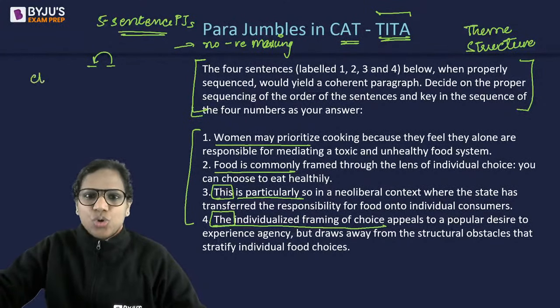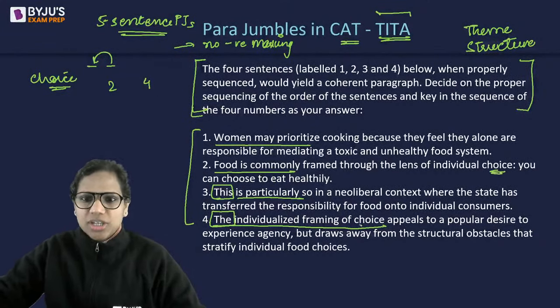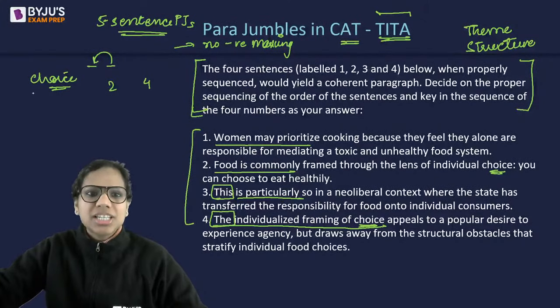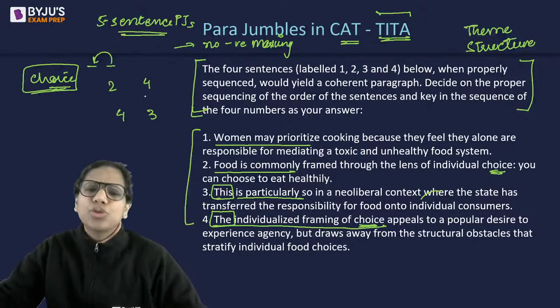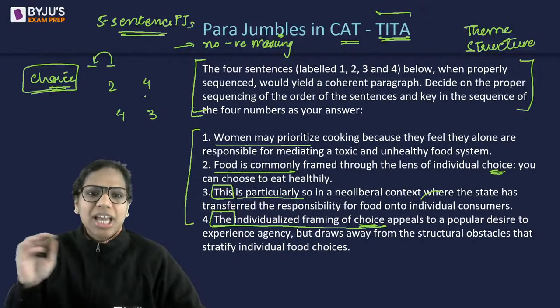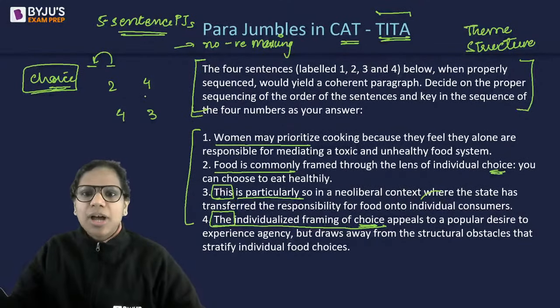So I can see choice relationship there in 2 and 4, right? Choice is given here, choice is given here also. So notice such things where words have been repeated, right? So then see individualized, individual. Again, I see a connection there. 4-3 connection or 3-4 connection. I don't know right now, right? But I see a connection. So this is how you have to start.